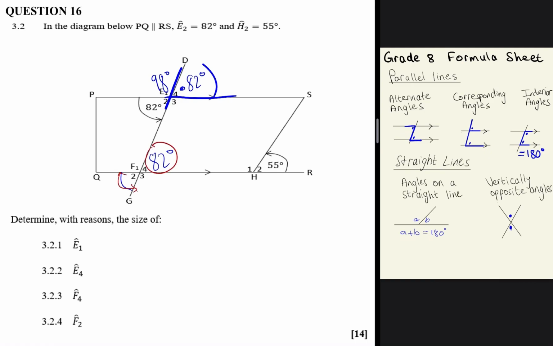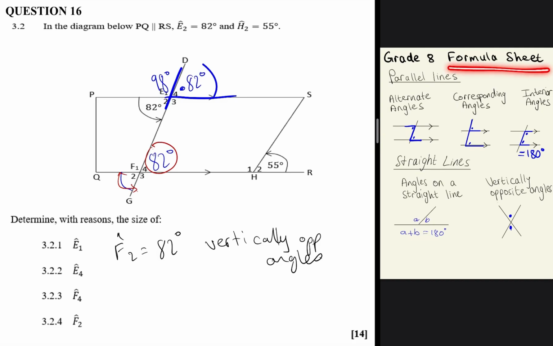Immediately you can write F2 is equal to 82 degrees, and the reason is also vertically opposite angles. And there you have all the marks for this one.